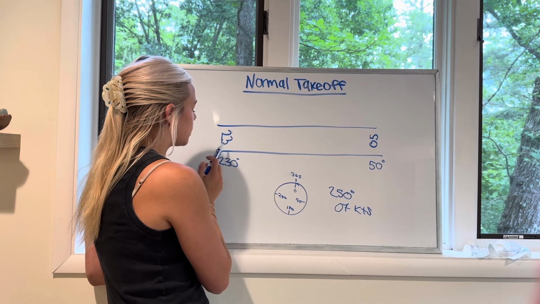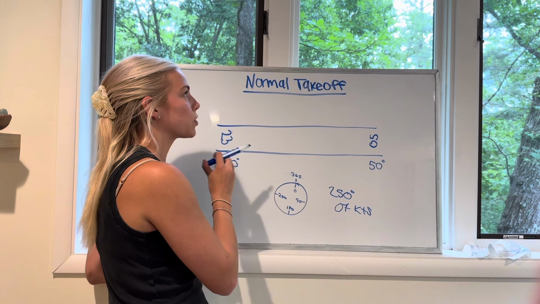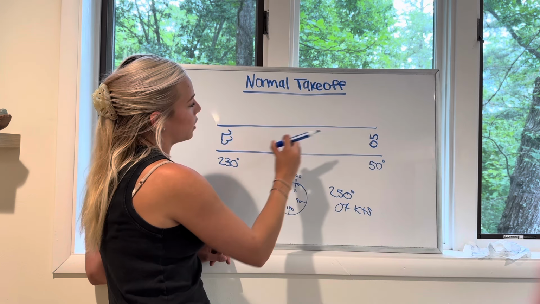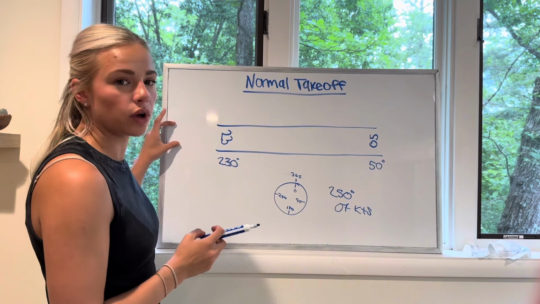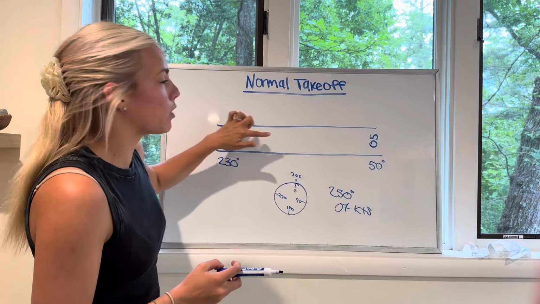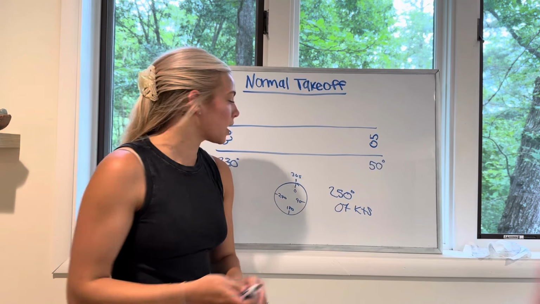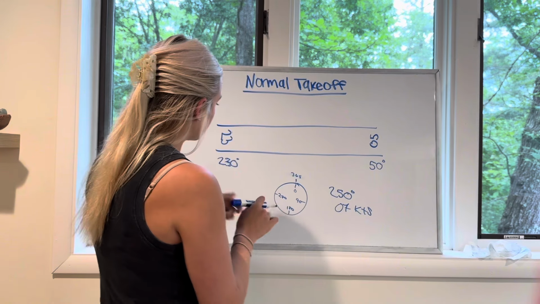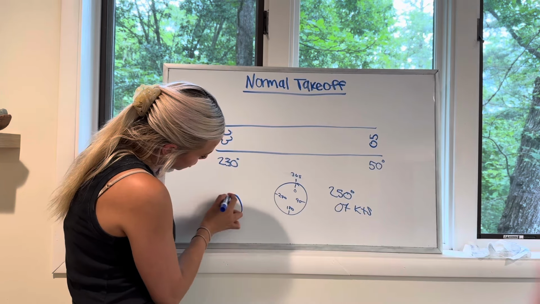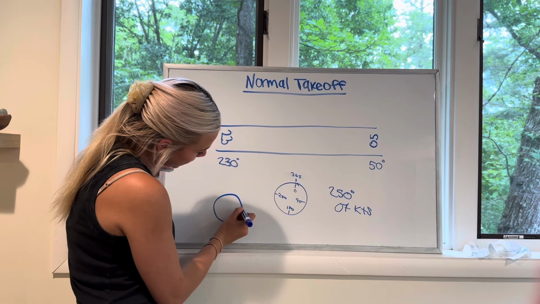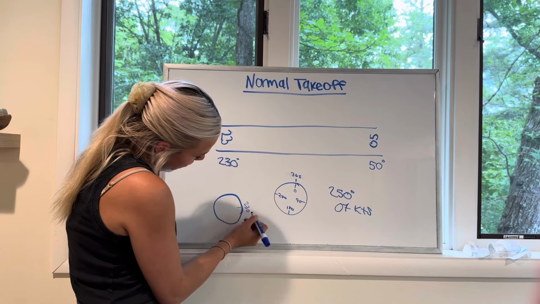Now, this is the direction that our runway is. So when we are on final, coming in to land on runway 23, we are facing a heading of 230. So when we're coming into land, I'm just going to kind of draw a heading indicator down here. This is going to be at 230.